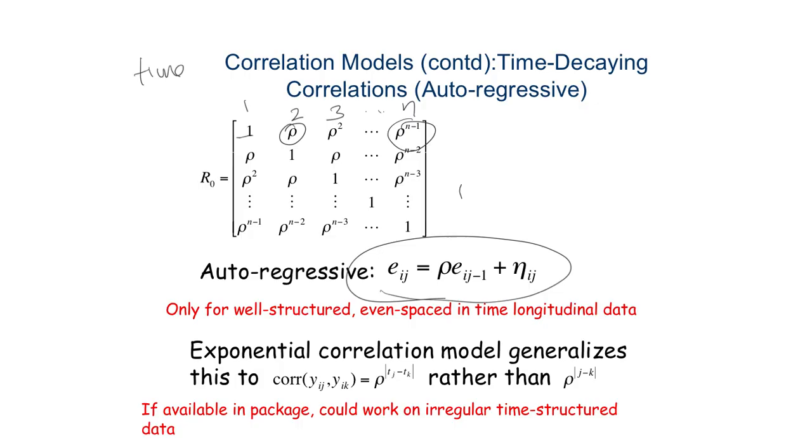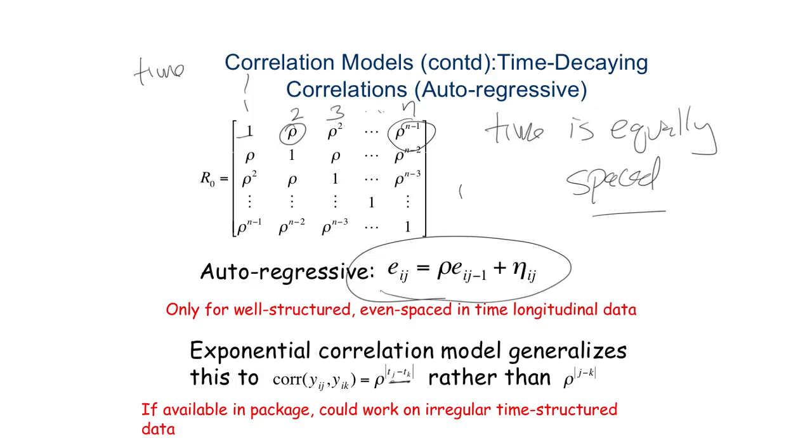There is a way to generalize this, because this requires that time is equally spaced. Again, you only have one parameter. It's like exchangeable. There's only one rho to estimate for all of them to get that working correlation. You can have another one that isn't based on equally spaced time. It could be unequally spaced, but you have to put in the distance between them.